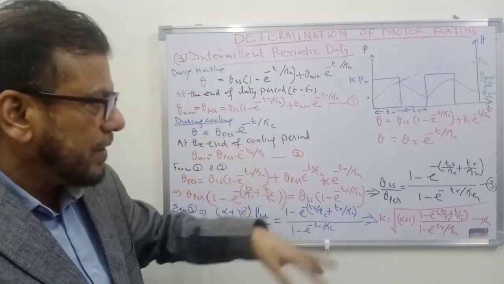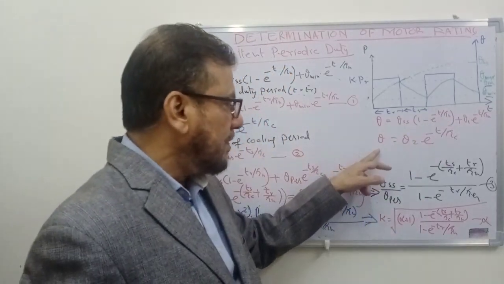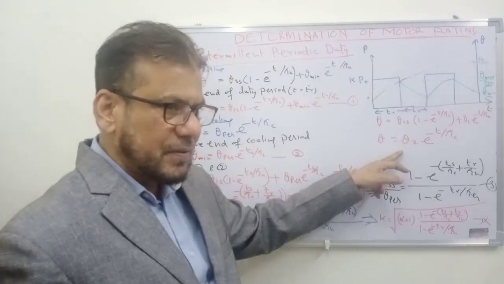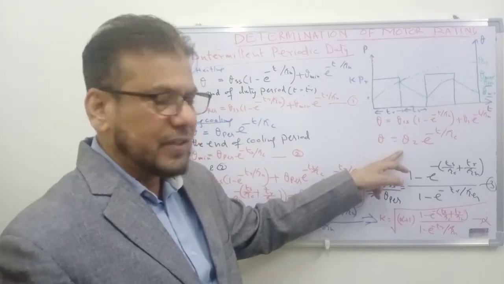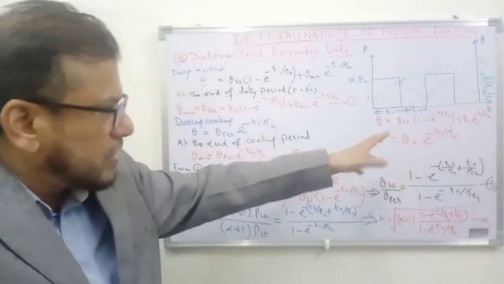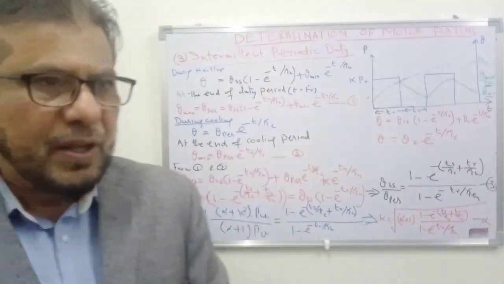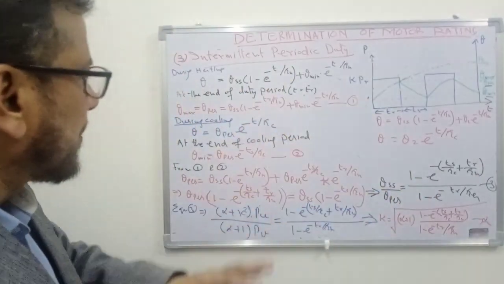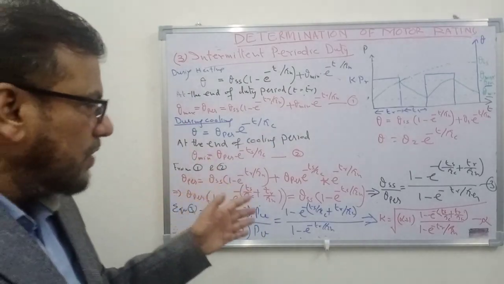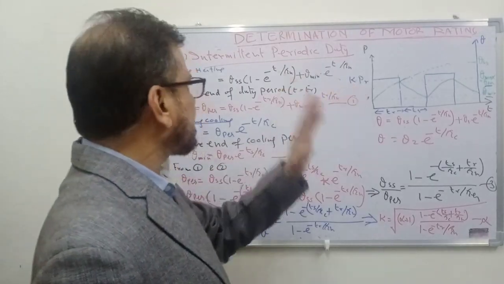During cooling, the value of theta is given by theta 2, that is the initial temperature at which the motor is disconnected, into e to the power minus t upon tau c. So these were the two equations that we derived earlier. We shall use these equations in today's discussion to find out the value of the overloading factor K.